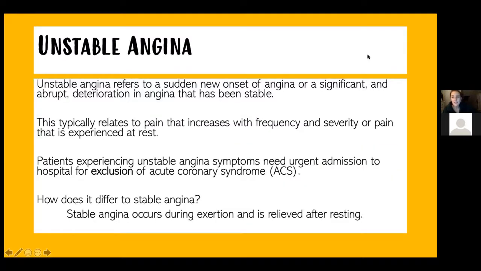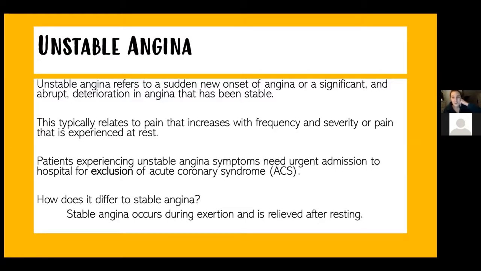And then this is just a little thing for completeness about unstable angina. I couldn't find any questions on unstable angina, so I think that shows they're not going to ask it, but you should be able to differentiate stable angina from unstable angina. Stable angina would occur whilst the person is exerting themselves.